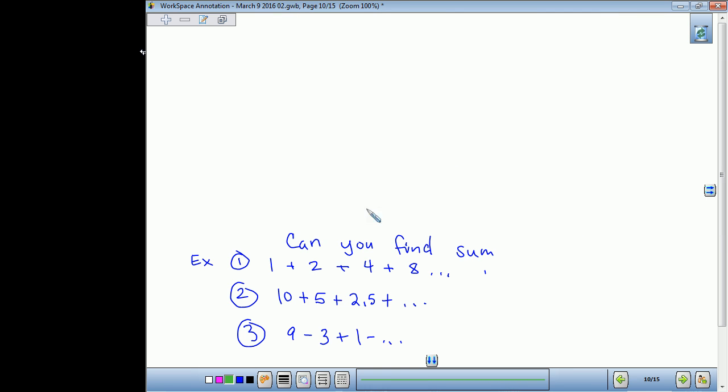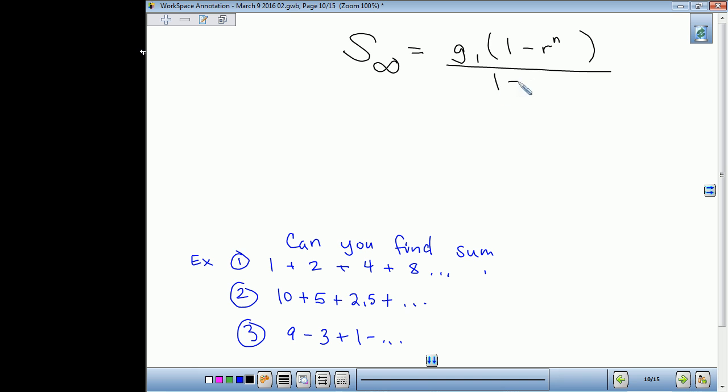Okay, so let's do the infinite sum. Don't write this first. We're thinking. Okay, so this was our formula a moment ago.